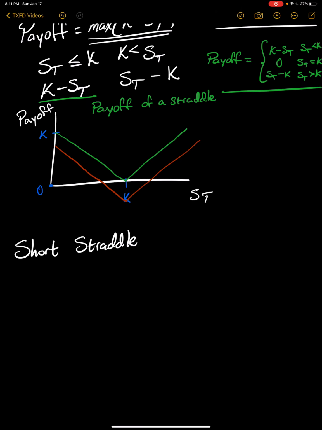And the idea is that whenever the stock price is between K minus the future value of the initial cost and K plus the future value of the initial cost, you're not going to make any money. And once it jumps out of the range of those two values, you're going to start to profit.